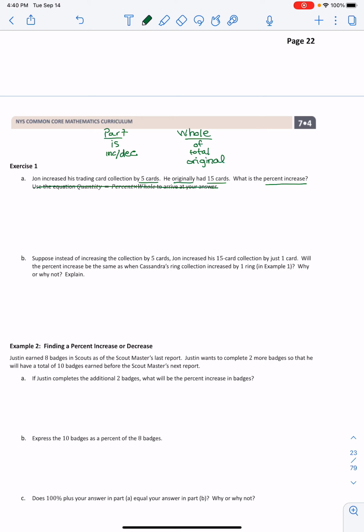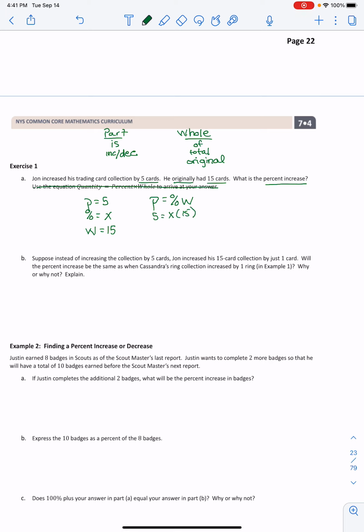So now, if we use P, percent, and W, the percent increased by 5 cards, so the increase is 5. The original was 15. And we want to know what that percent increase is, so that's our X. So we have P equals percent times W, and that would be 5 equals X times 15.